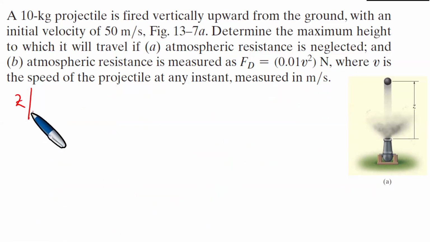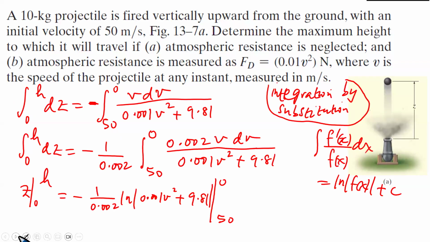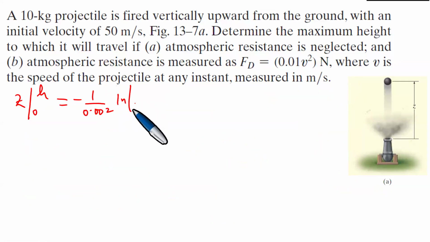So you have z from 0 to h equals minus 1 over 0.002 times the natural log of 0.001 v squared plus 9.81.